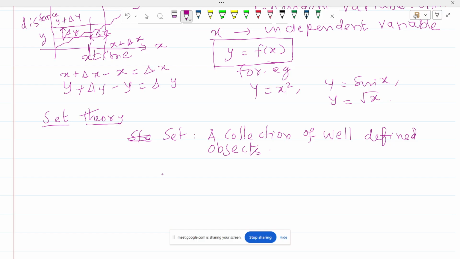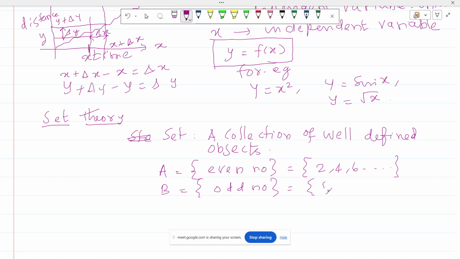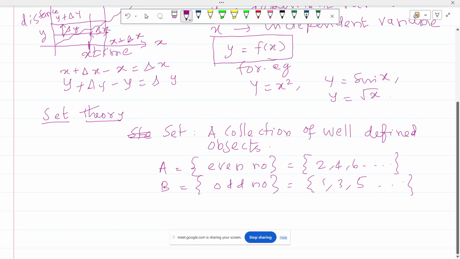For example, if I write that A is the set of even numbers, that set can be written as 2, 4, 6, etc. If B is the odd numbers, it is 1, 3, 5, etc. So these are the sets.